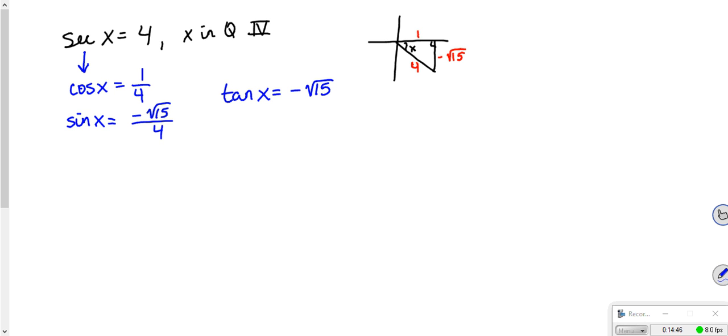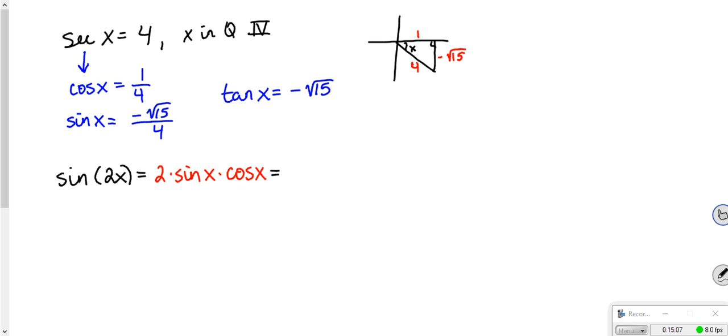Okay, now let's find our double angles using our formulas. So sine of 2x, the formula is 2 times sine x times cosine x.